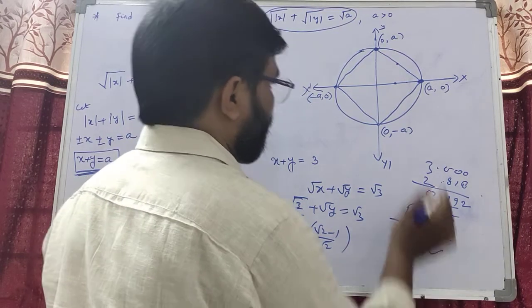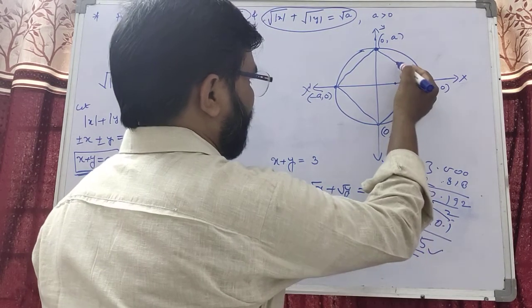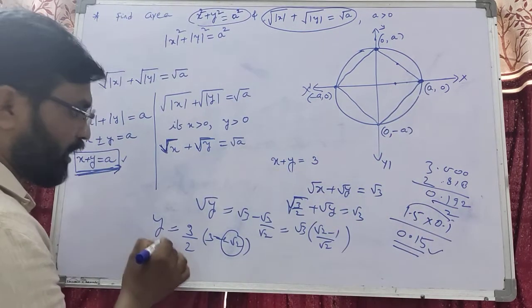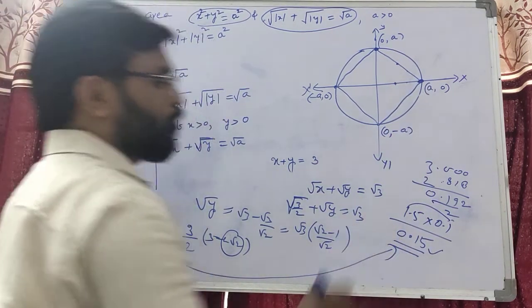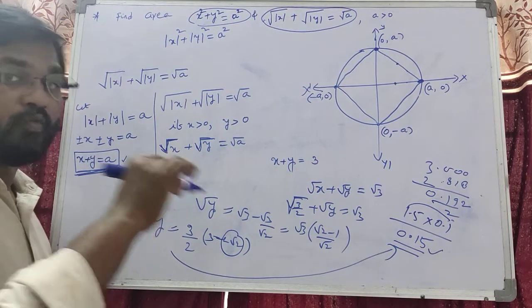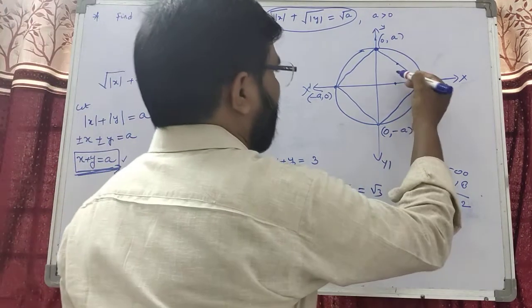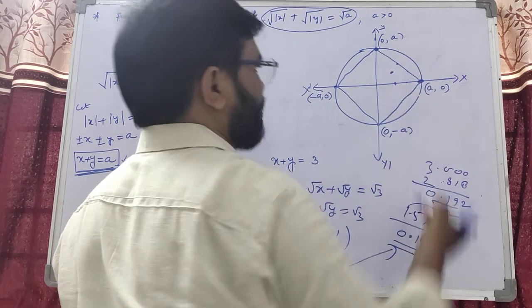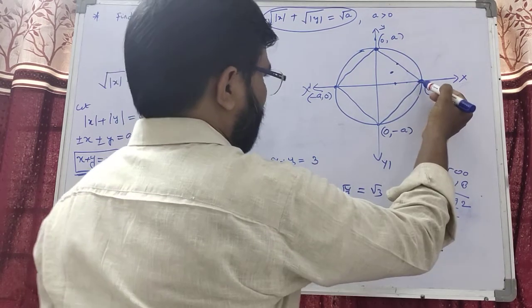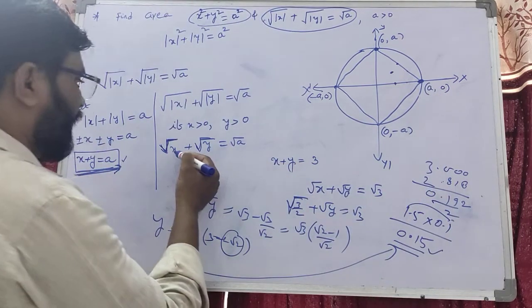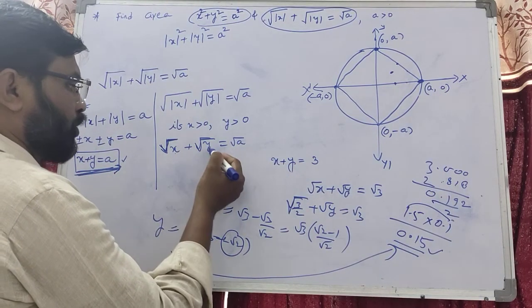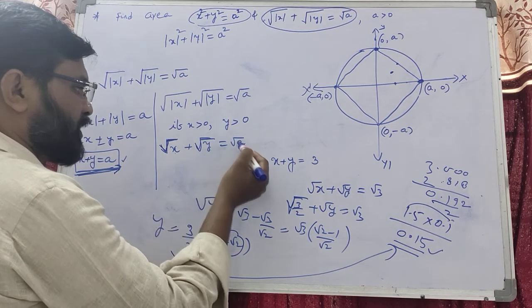Dear students, we can observe what happened. We take x equal to 3 by 2 on the line, the value of y is 0.1, but it is 1.5 there. When you compare, it is a very small value. So at the point a, we can take y equal to 0, x is a.